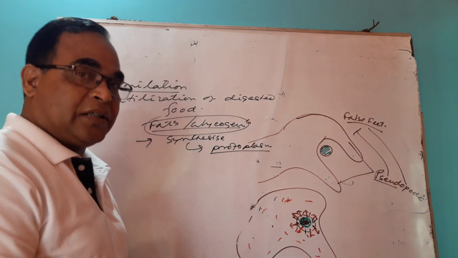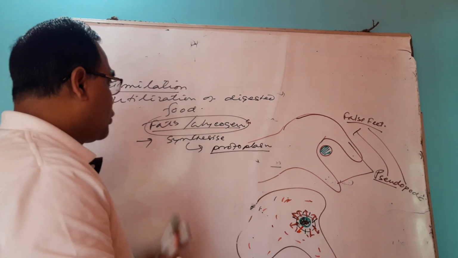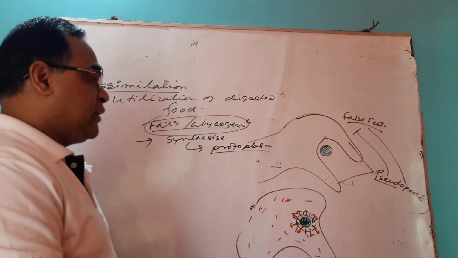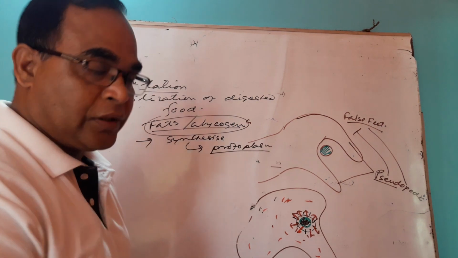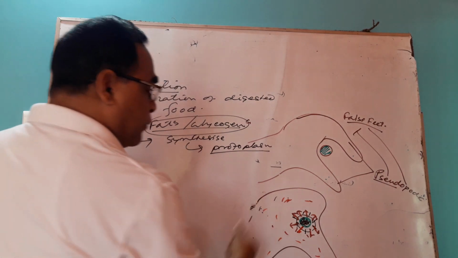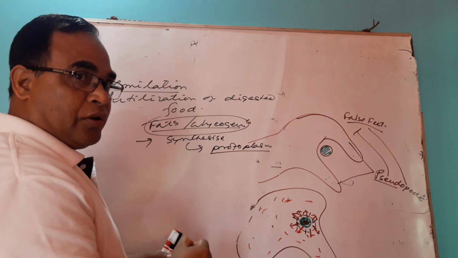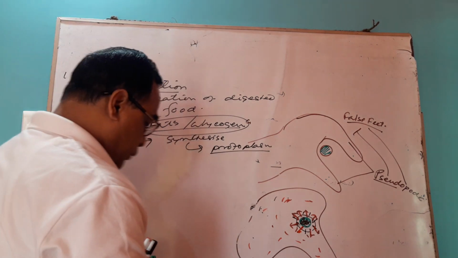So ultimately the digested food will be utilized. First it will be stored in the form of fats and glycogen, then it will be utilized to synthesize different components like the protoplasm. Protoplasm means the cytoplasm and the nucleoplasm together.